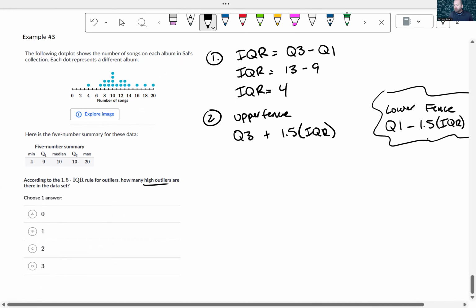But we're working with the upper fence. Q3 is 13 plus 1.5 times the IQR, which is 4. So that's 13 plus 6, which is equal to 19. Now we're looking for any data points x that are greater than 19, and that would be a high outlier.